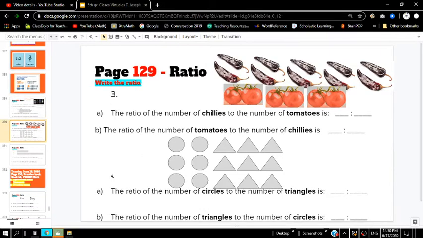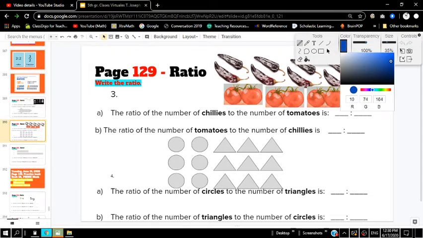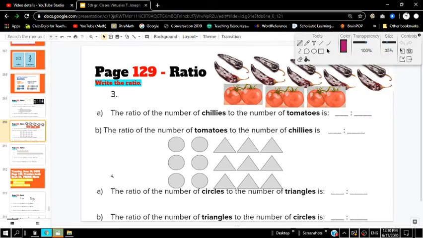Number 3, we're working with some food. Who's hungry? Let's take a look at the number of chilies and the number of tomatoes. Now, this is going to get a little bit more complex, and I'll tell you why. If we count the number of chilies, we can say 1, 2, 3, 4, 5, 6, 7, 8, 9, 10 chilies, right?